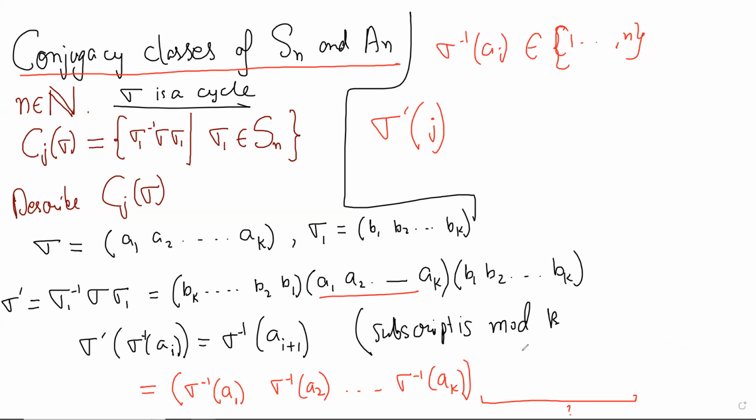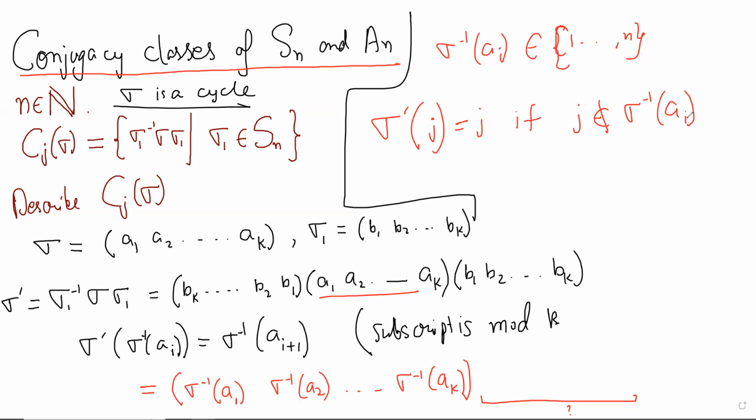I want to show that sigma prime of j is equal to j if j is not equal to sigma inverse ai.